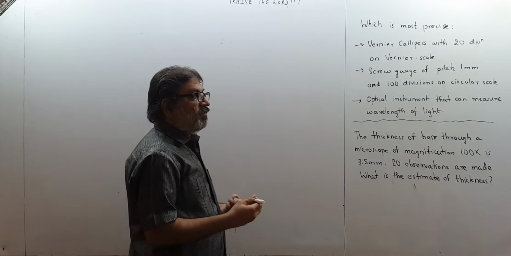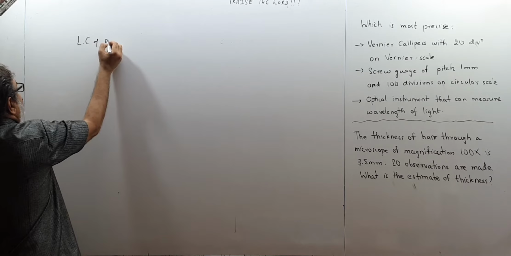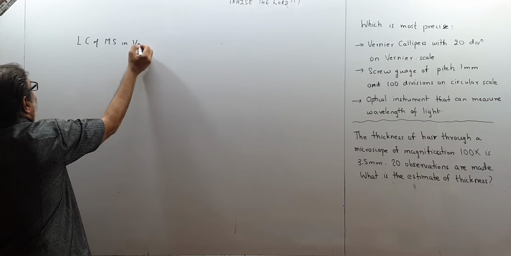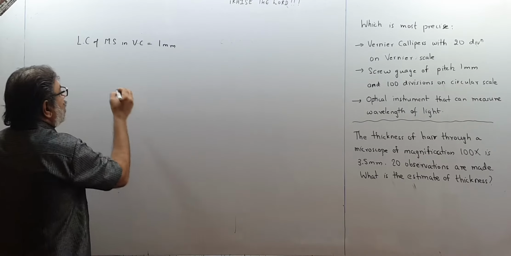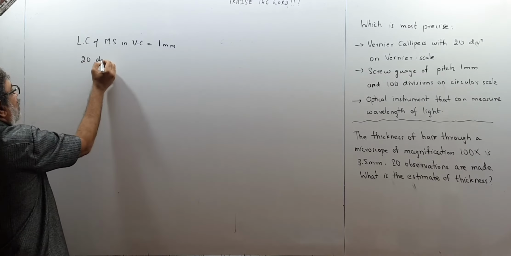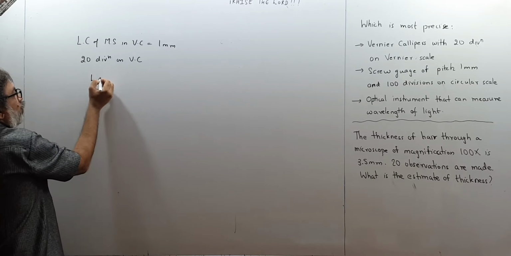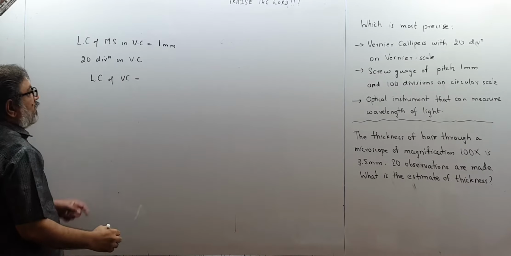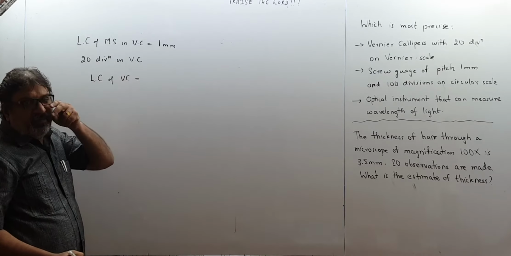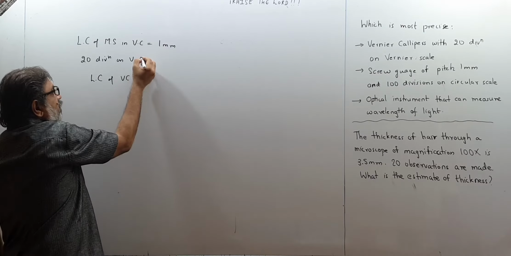Now what is the least count of the main scale? The least count of the main scale in vernier calipers is 1 millimeter, and there are 20 divisions on the vernier scale. So how to get the least count of the vernier calipers? The least count of the main scale is 1 millimeter, and there are 20 divisions on the vernier scale.